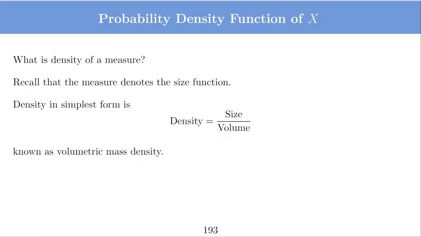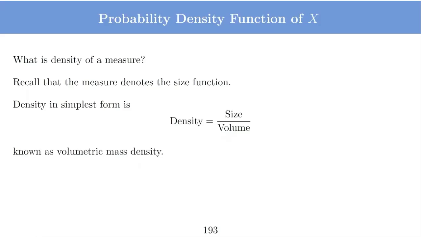Okay. Similarly, if you take a stick and you want to assign a measure on it, and you say that the mass is a measure here. So you take a part of the stick, like a small segment of the stick, and say the mass of this segment is the measure of this segment. So that's a valid measure because mass also adds up in the fashion of measures. Then you can say what is the density of that.